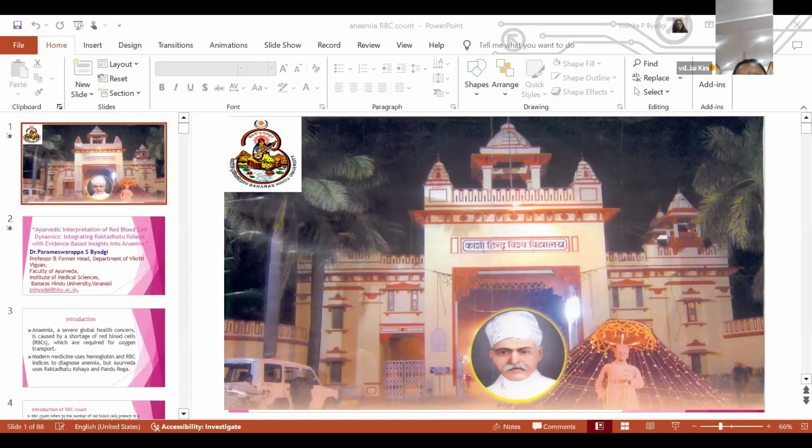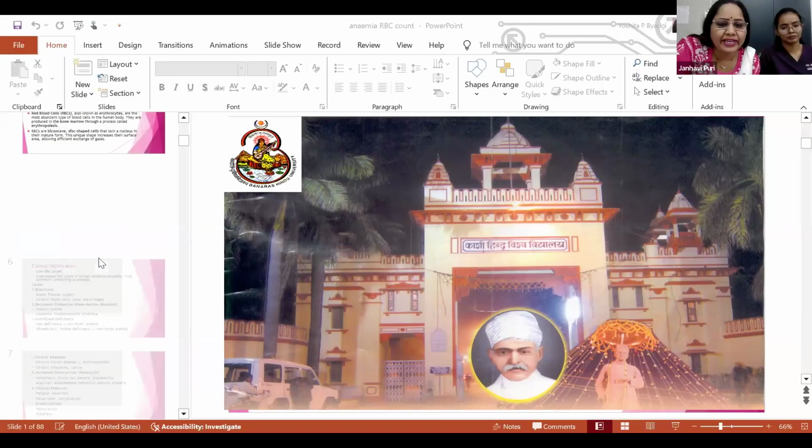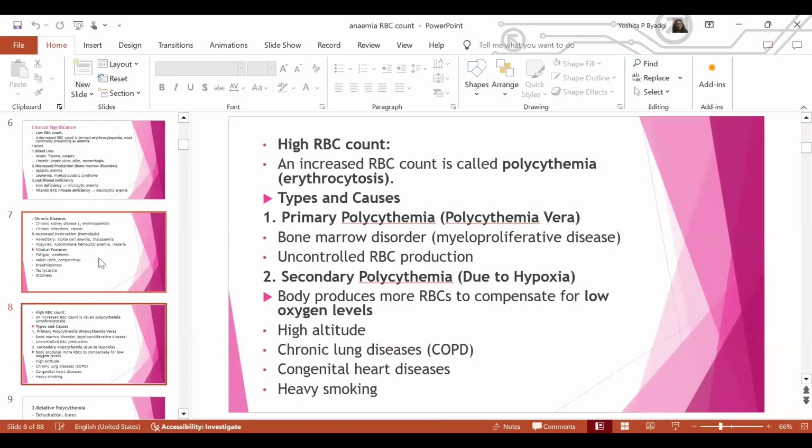Just make sure the proper screen is shared. The first PPT is only there on screen. Now it's changed. It is a very common problem, so it's okay, we can understand.